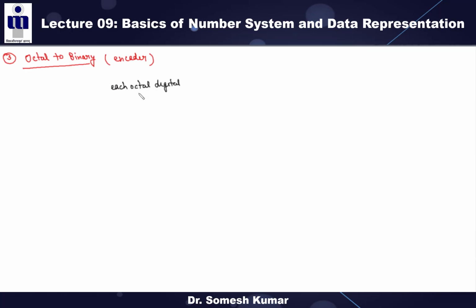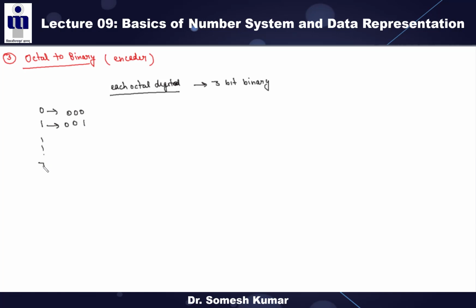if you convert octal to binary, then each octal digit can be shown by 3-bit binary, right? 3-bit binary. For example, what is the maximum digit that can be represented in octal? 0 to 7. 0 can be represented in binary by 000, 1 can be represented as 001, right?